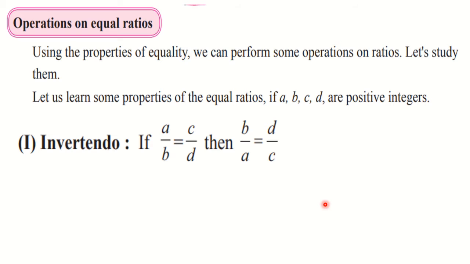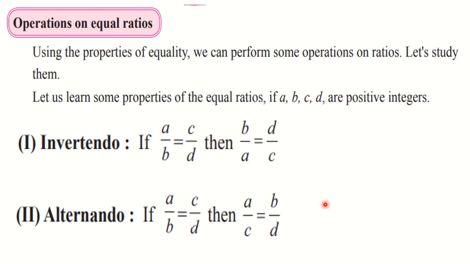Okay, let us go for the second property, that is alternando. What is alternando here? See, the ratios are same again. a upon b is equal to c upon d. Here we are altering the position of b and c, interchanging the position of b and c. Okay, so which we can do here.